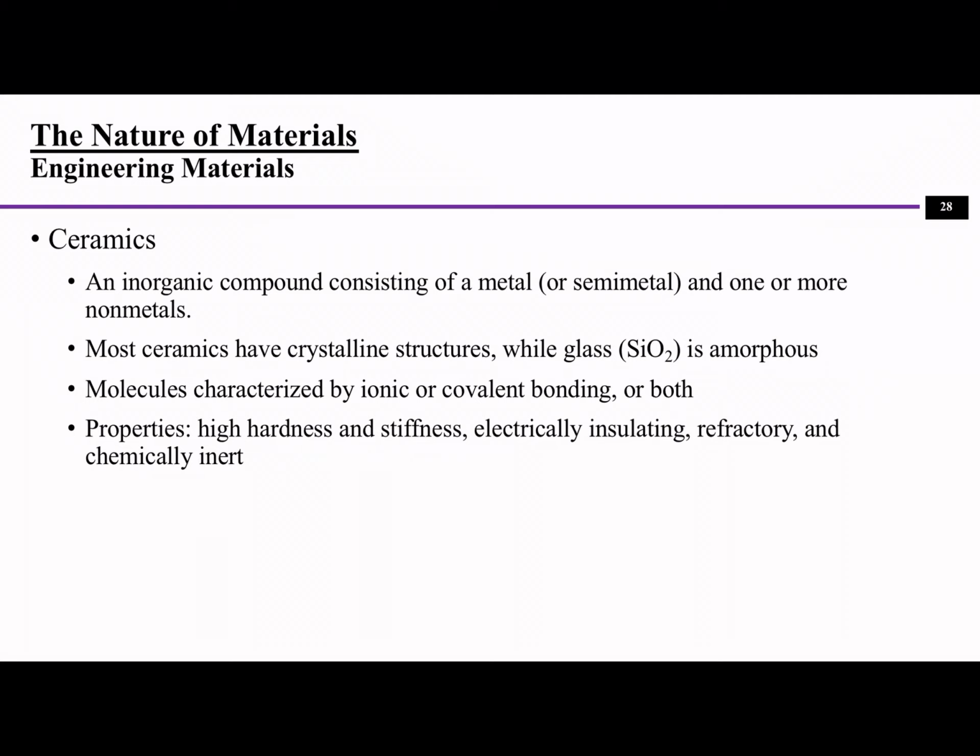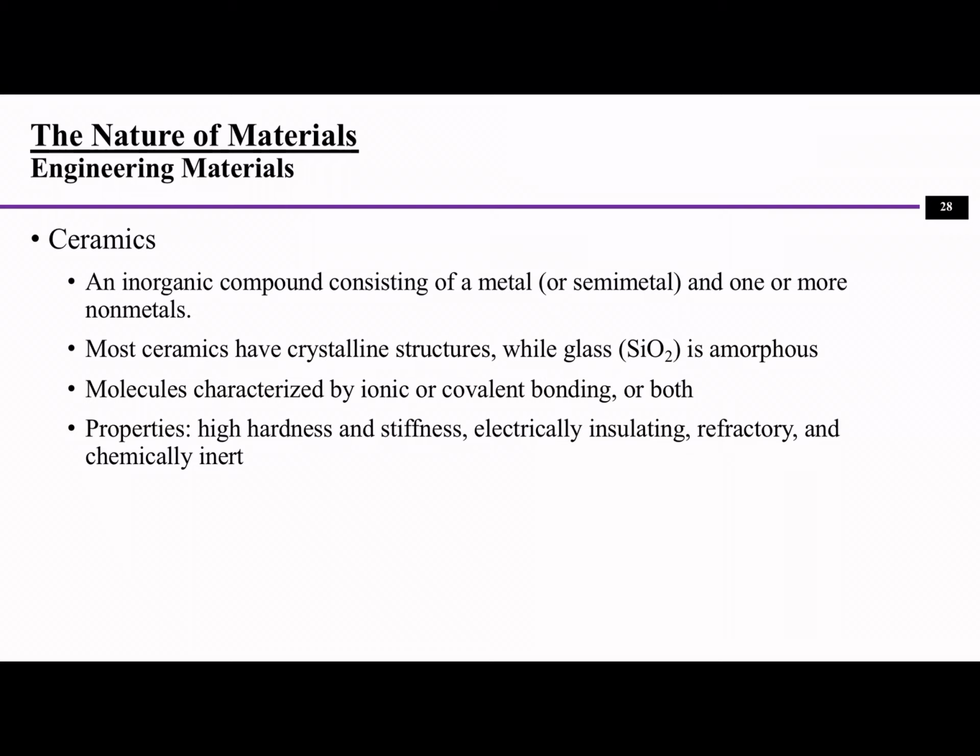Next, it's about ceramics, another very common type of material. It's an inorganic compound consisting of a metal and one or more non-metals, right? We'll talk more about ceramics later after we talk about polymers, but now these are just the general properties of ceramics.